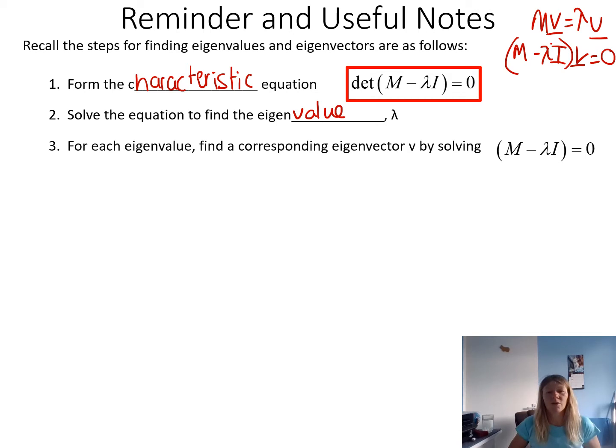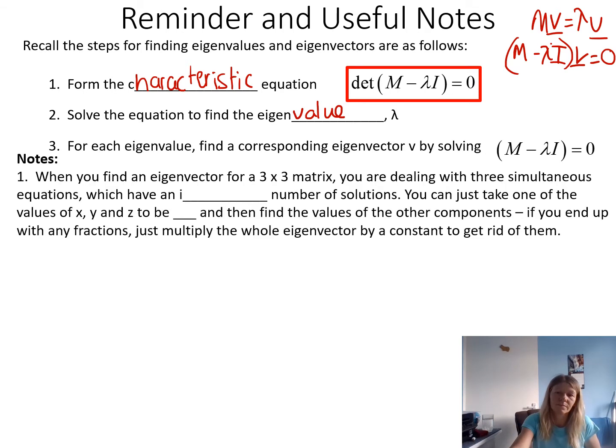For each eigenvalue, find the corresponding eigenvector by solving that. Remember we did that last time. When you find an eigenvector for a 3 by 3, you are dealing with 3 simultaneous equations which have an infinite number of solutions.